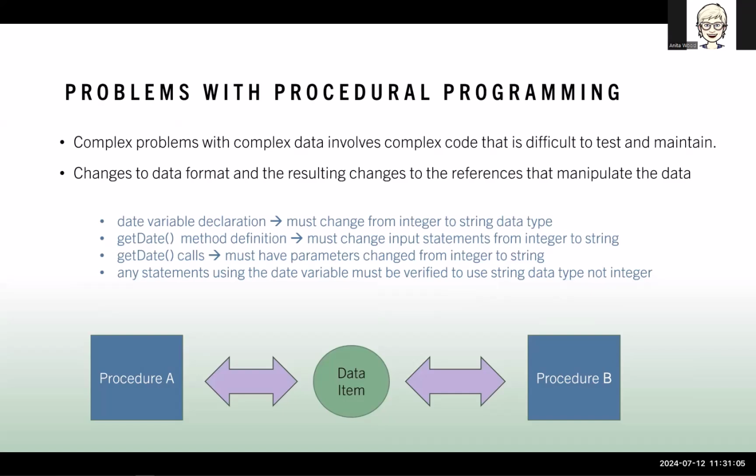So, changing any code that manipulates the format of the date variable is needed, as well as changing any method calls or method definitions. If the programmers aren't careful in implementing these changes, you can see that it could lead to the introduction of software bugs.